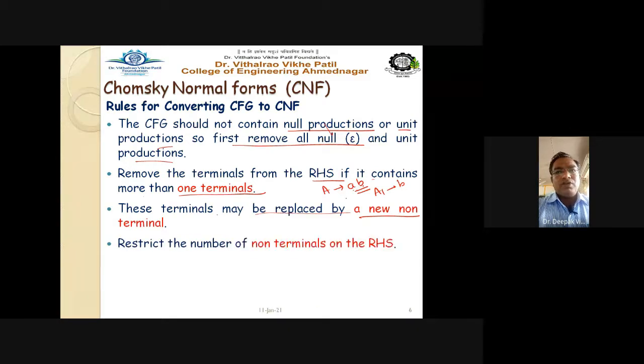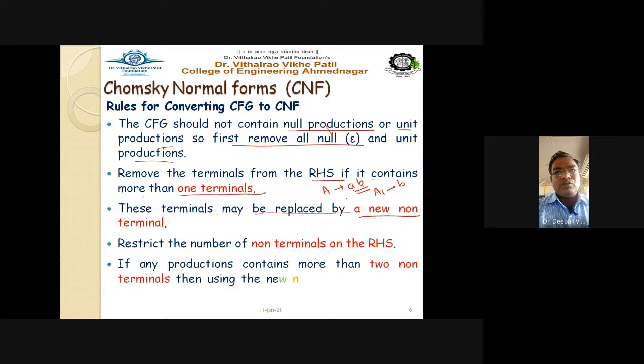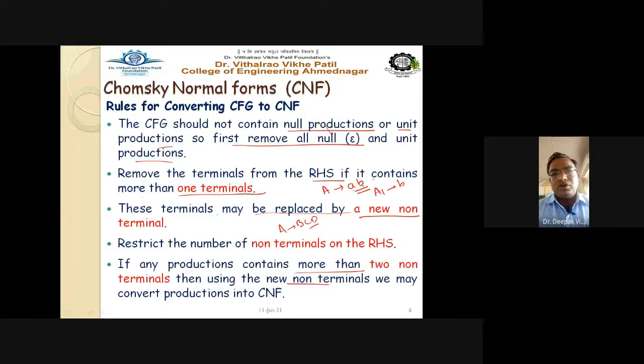Restrict the number of non-terminals on the RHS to 2 only. If any production contains more than 2 non-terminals, suppose A gives BCD, so it contains more than 2 non-terminals, then using a new non-terminal we may convert the production into CNF.